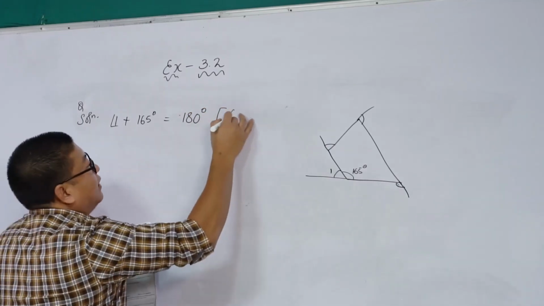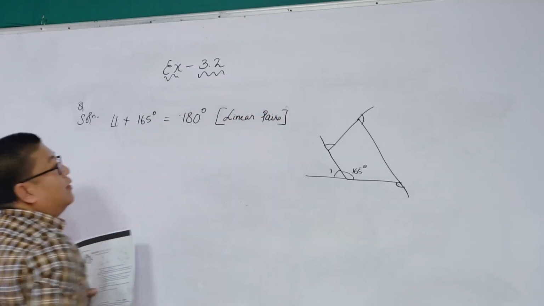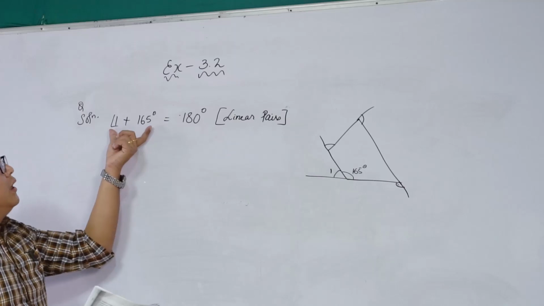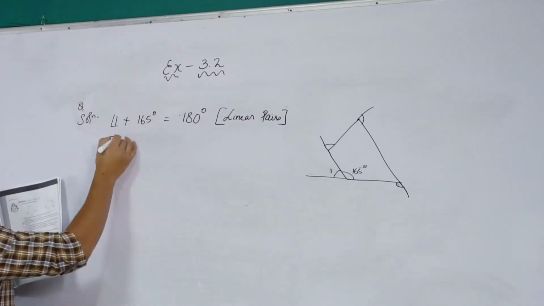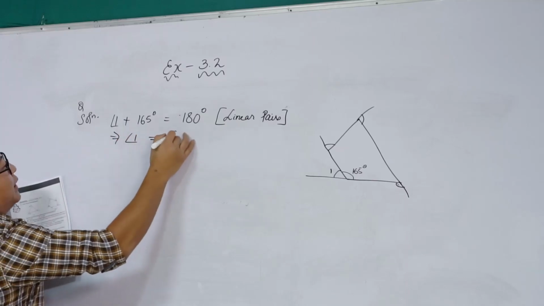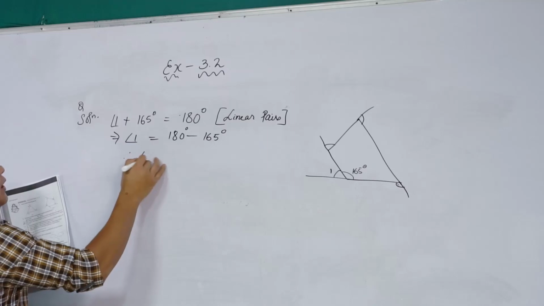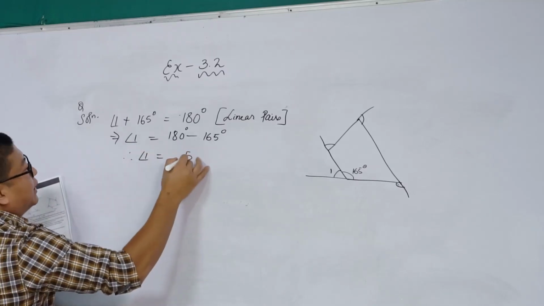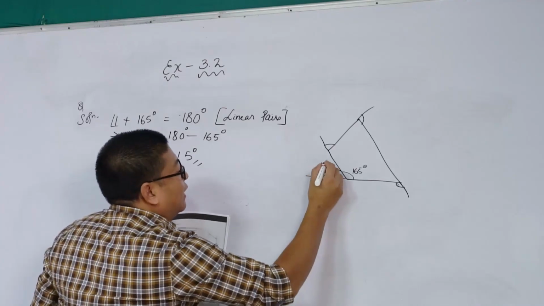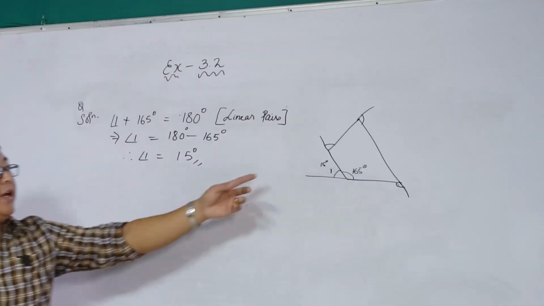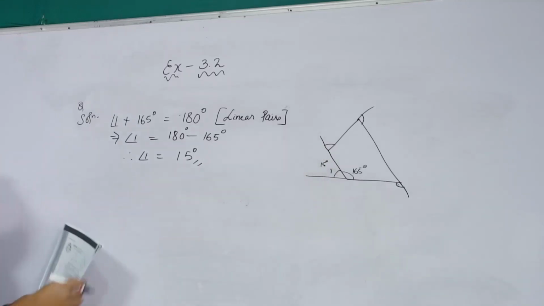Why? Because they are linear pairs. Linear pairs means when you add up these two, it should come to 180 degrees. Now angle 1 will be 180 minus 165 degrees. Therefore angle 1 is equal to, when you subtract this, 15. So we know that each of these exterior angles is 15 degrees.